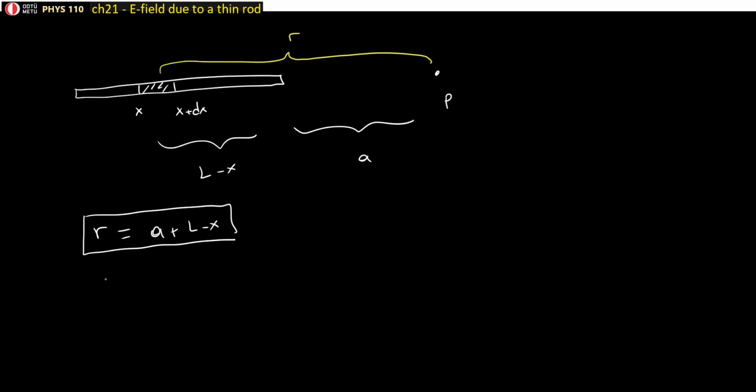One of the typical questions that I get is why don't we have a dx in here? A lot of people would write this thing down like that. They usually think of the distance to the midpoint of that charge, in which case this is going to be L minus x minus 1/2 of dx. In reality, yes, that's the correct expression, but we are going to take the limit where dx goes to 0 at the end.